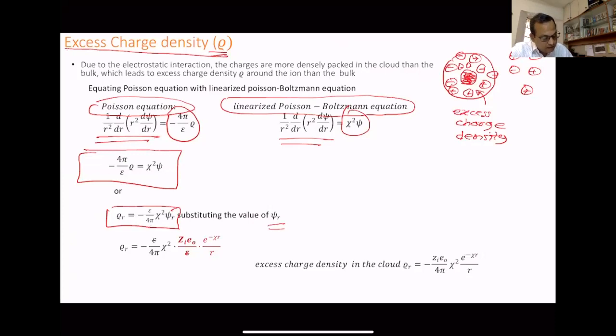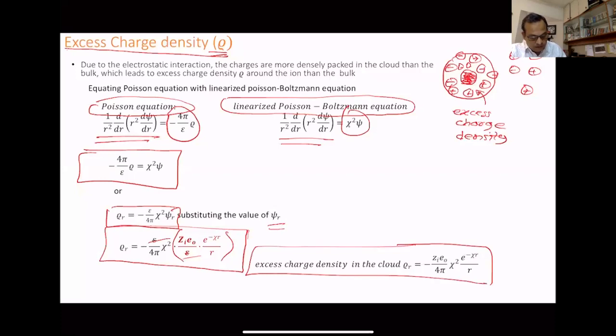I substitute this value of psi r into this equation. What you get is the rho r, the epsilon will go, and the excess density inside the cloud turns out to be Zi E0 chi square upon 4 pi, e raised to minus chi r upon r. We have already seen what chi is.